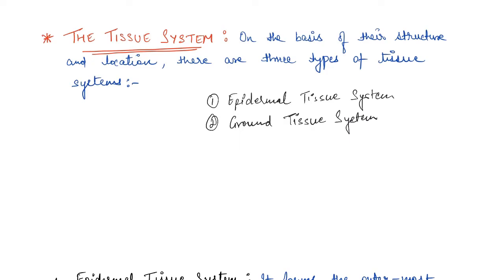And third is the vascular tissue system. Right? So let's start with the first tissue system, which is the epidermal tissue system.